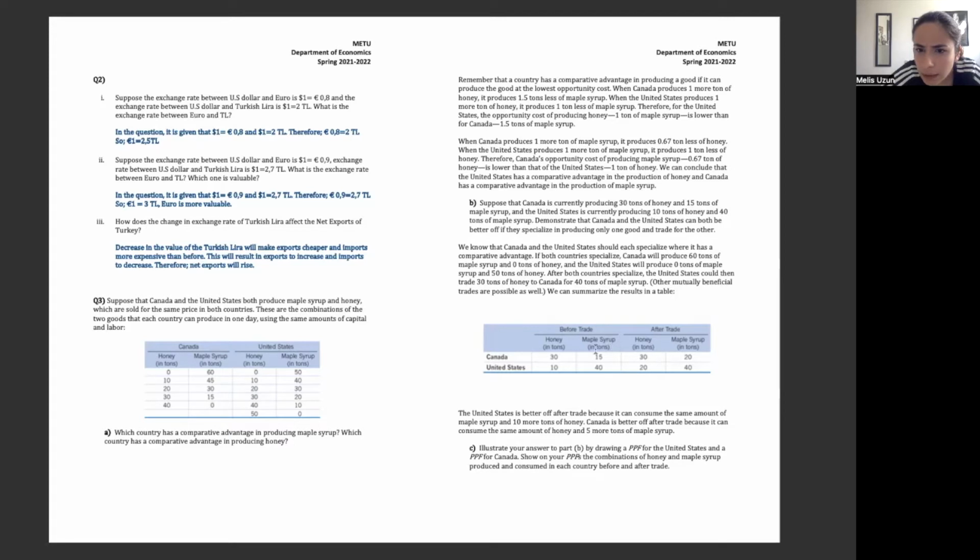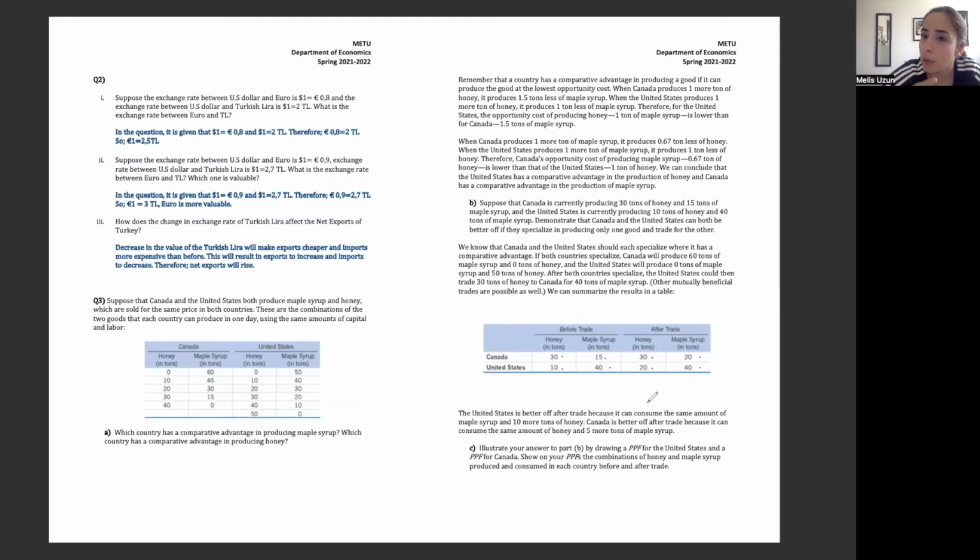Yes, I guess there. Okay, yes, that is correct. I thought there was a mistake in here. So yes, after the trade, let me use a pen. So Canada consumes same amount of honey, but 5 more units of maple syrup, and United States consume the same amount of maple syrup, but 10 more tons of honey after the trade.